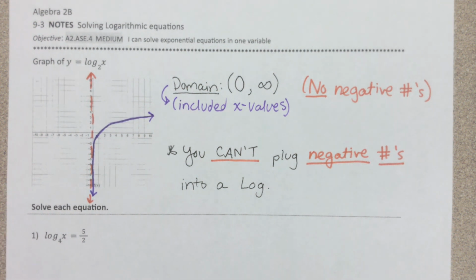Hopefully that's clear on the graph why you can't use the negatives. It's not even within the domain. It's just not part of the graph.